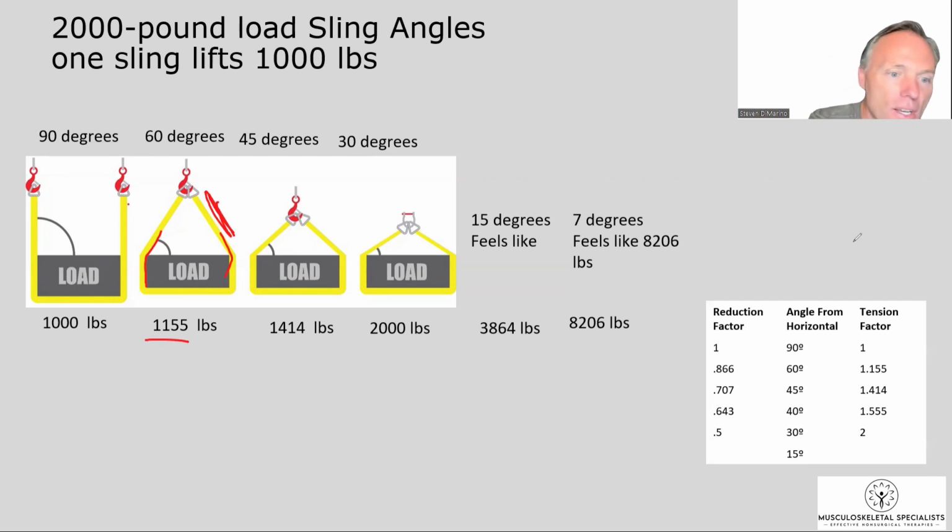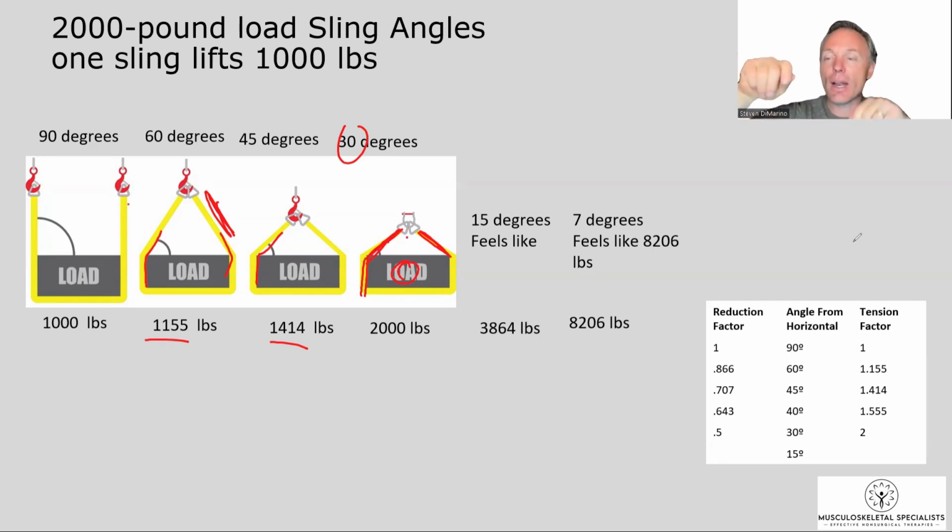And as I change this angle to 45 degrees, it's 1,400 pounds. And if I bring it to 30 degrees here, that sling feels 2,000 pounds. The load here is 2,000 pounds, but this angle creates a tension on it, and it has 2,000 pounds of force per side.